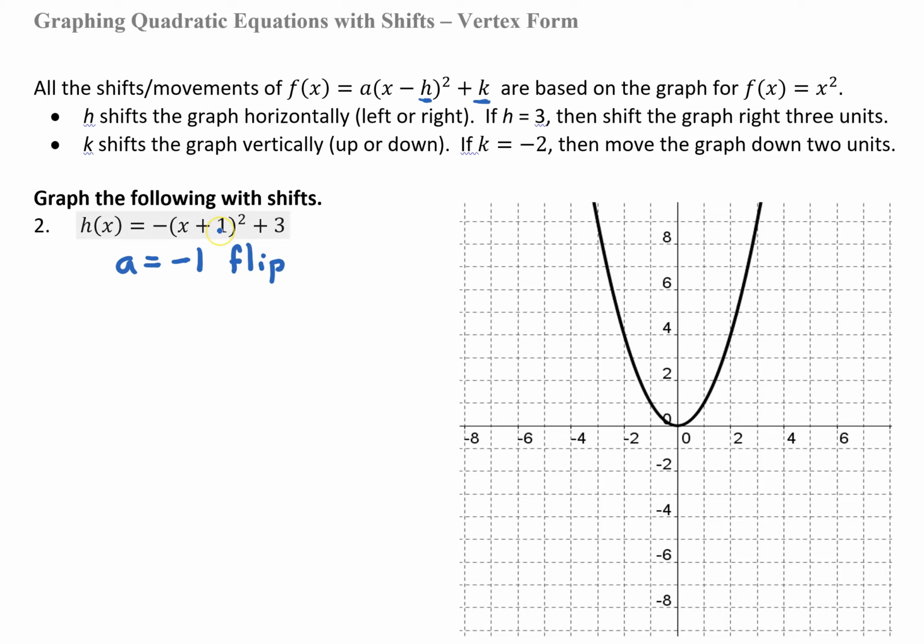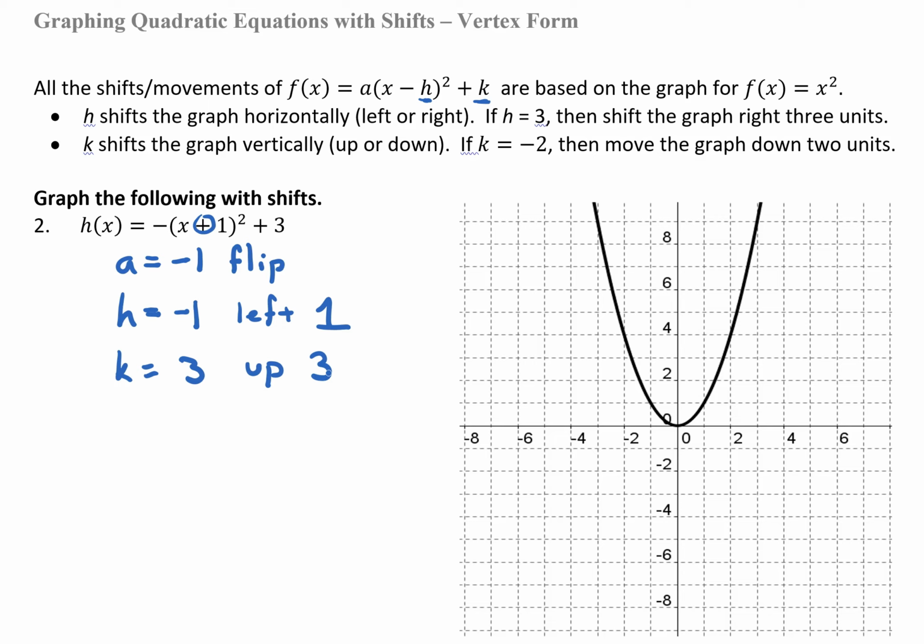The h value is found inside the parenthesis, and the h value is always going to be opposite symbol of what you see in the parenthesis. Here it's +1, so we use -1. That tells us that we're going to move left 1 value. K equals 3, which tells us we're going to move up 3 values or 3 units.